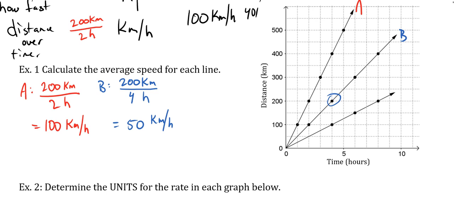And in general, if we go the same distance, so we've both gone 200 kilometers, but I did it in 2 hours and you did it in 4 hours, you're going slower. So your rate is a smaller number, a slower average speed. These seem like simple ideas, folks, but this is a big deal.